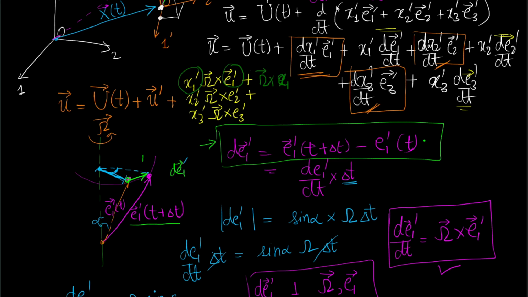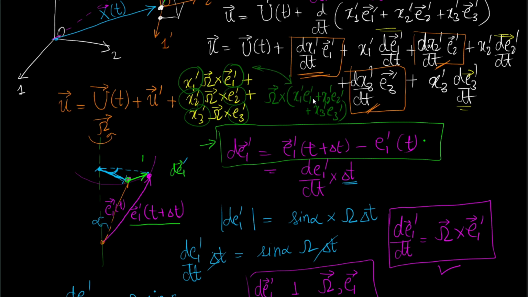So if I take these two terms and combine all these terms, this expression will be equal to omega cross (x1 prime e1 prime plus x2 prime e2 prime plus x3 prime e3 prime). This is one and the same thing.